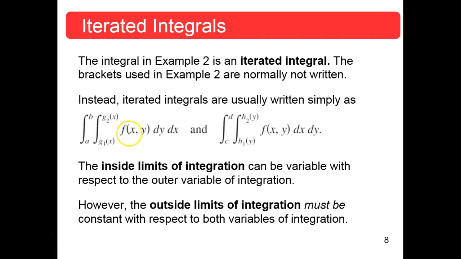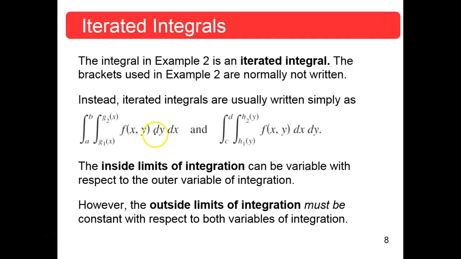So you can integrate this function with respect to y only, leaving your x alone, treating that like a constant, and then plugging in the values of g of x. Could be only 1, either top or bottom, or both, or neither. They could just be numbers here. That would be fine too.